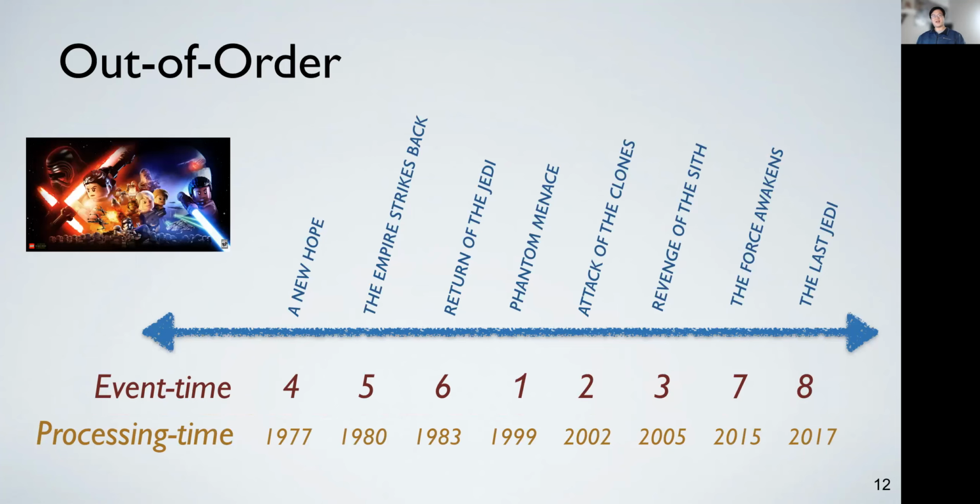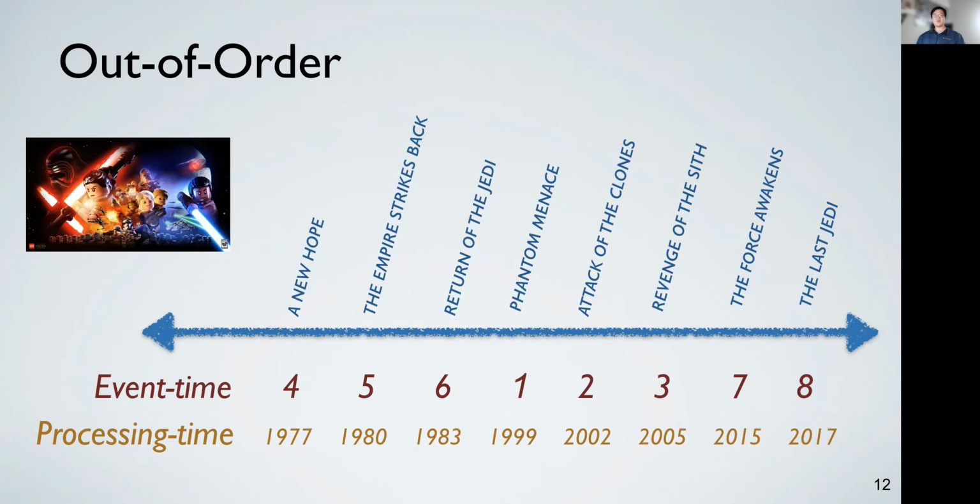To illustrate its effects, let's use my favorite example here, the Star Wars film series. Here, the event time represents when each story happened in the Star Wars universe, whereas the processing time is considered as when the story was actually filmed in our lives.